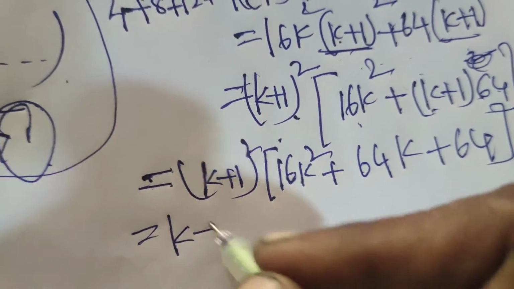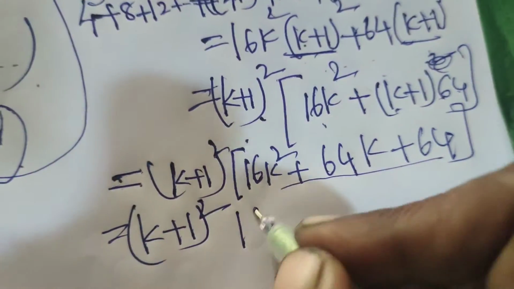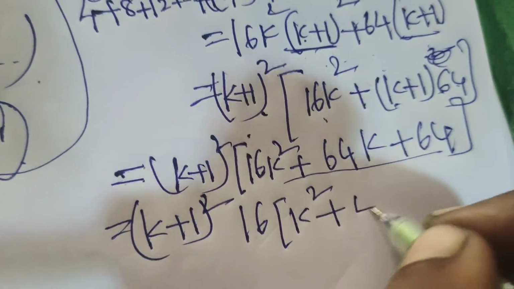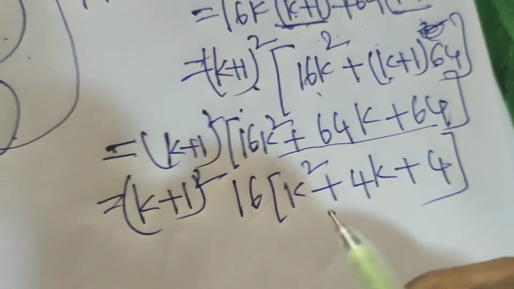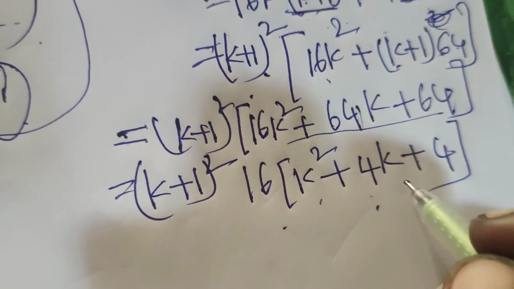Then k plus 1 whole square into, taking 16 common, k square, 16 fours are 64, again 16 fours are 64: k square plus 4k plus 4.